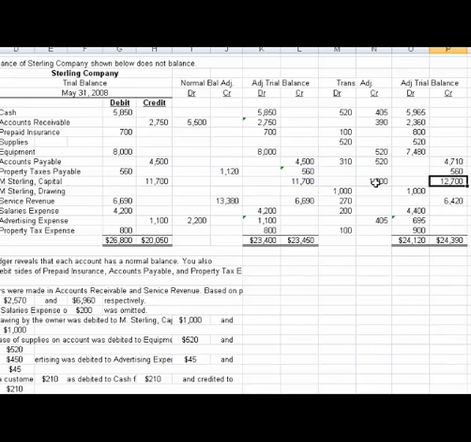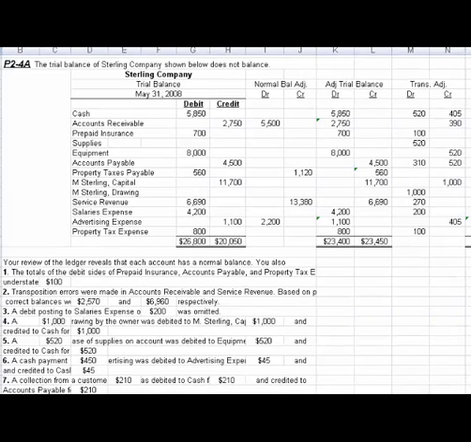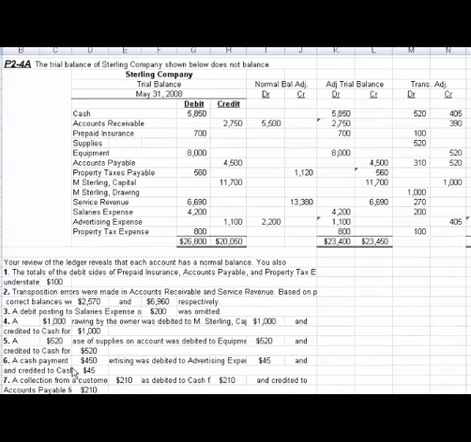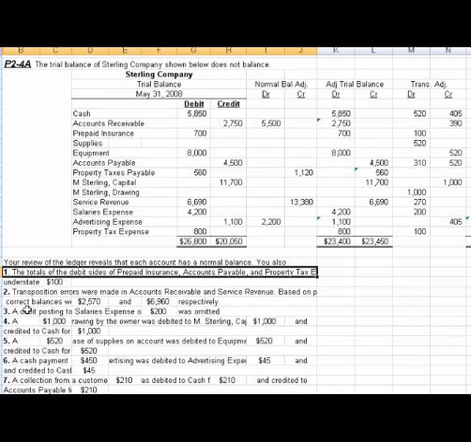Okay, now let's slide this back, because I think we also didn't handle service revenue correctly. What do we know about service revenue? Let's see if we can find it. We had an adjustment here of $270.